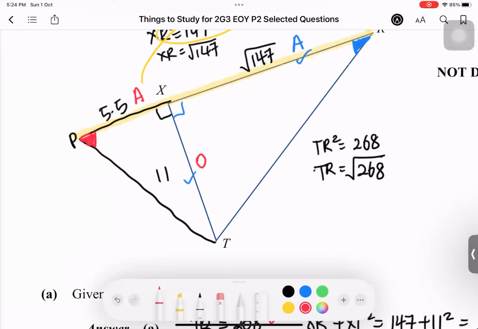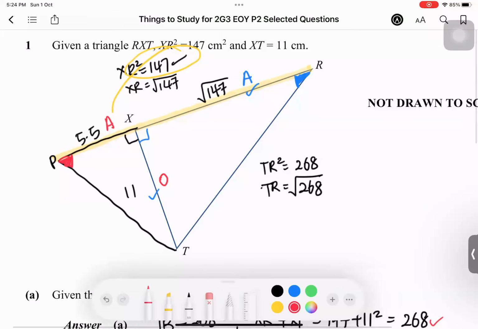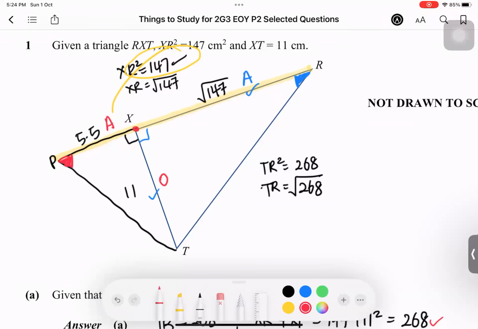Oh, here. So the insect goes from X to TR, it's this one. So I find the area of the triangle: half times base times this height. But at the same time, the area of the triangle can also be half times base times this height, which is the shortest distance that I want to find.